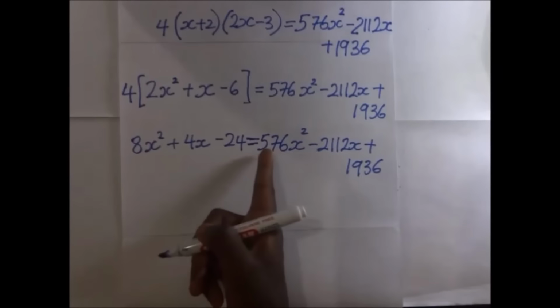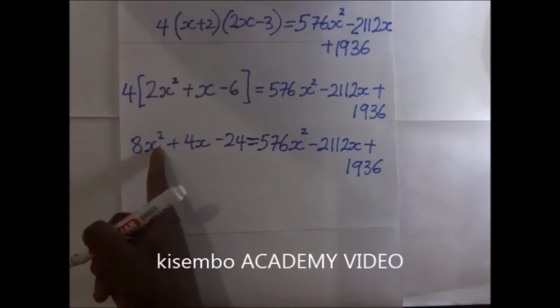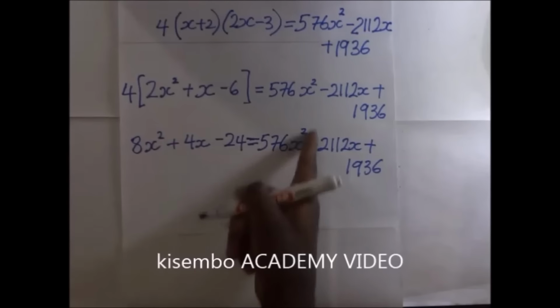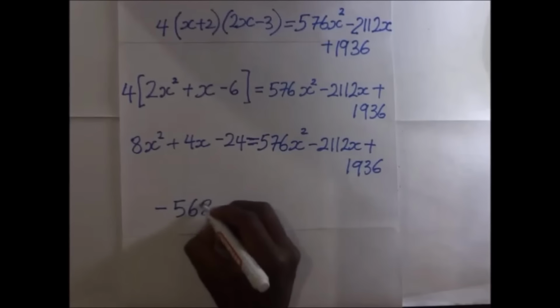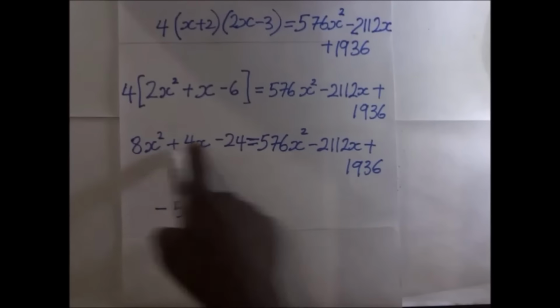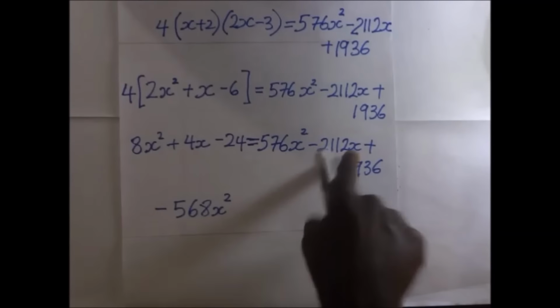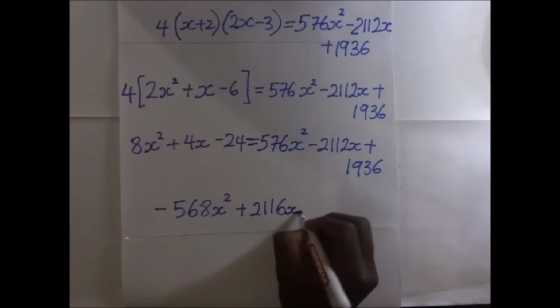So we merge this 576 and that 8x squared. 8x squared minus 576x squared is going to give us minus 568x squared. Then 4x plus 2112x is going to give us plus 2116x.